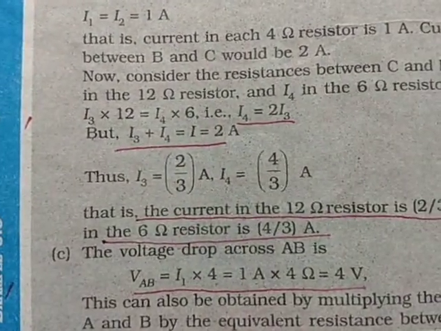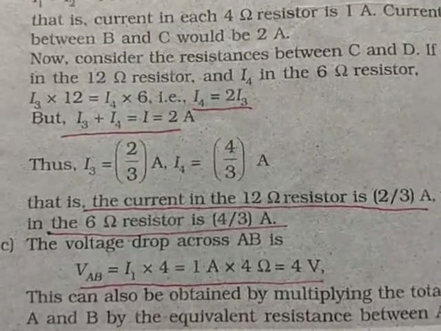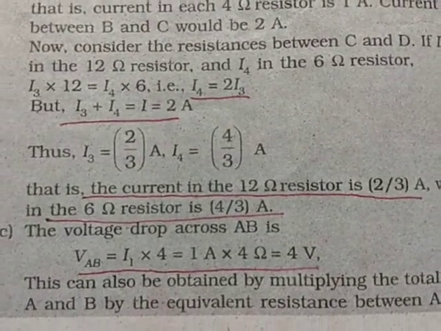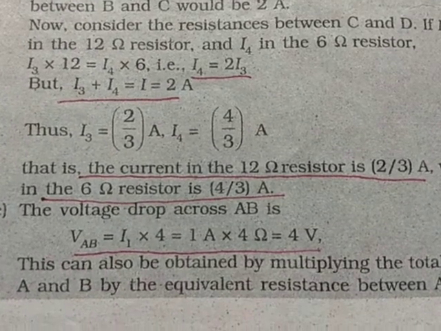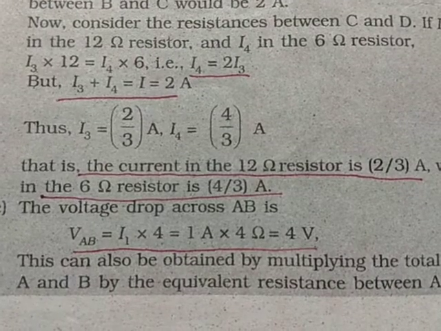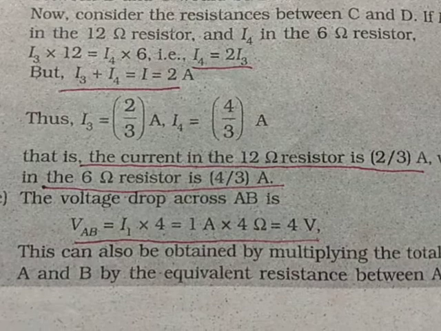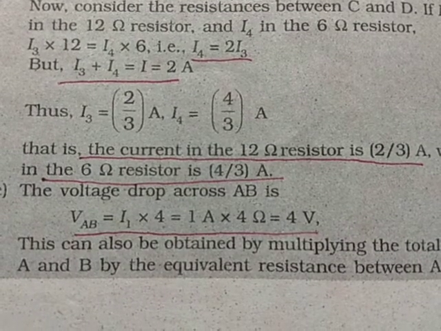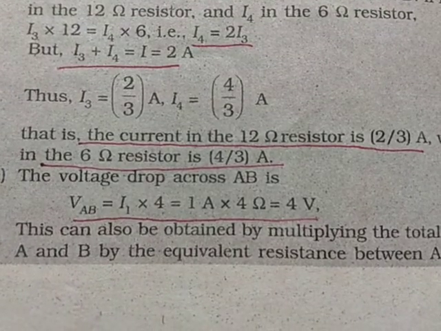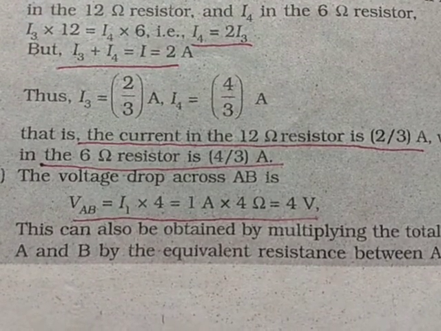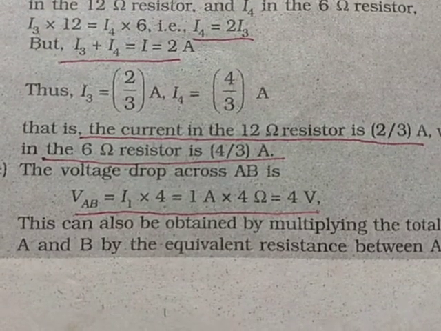So you can see here I3 into 12 is equal to I4 into 6, and therefore we have I4 is equal to 2I3. But we also know that the total current drawn is equal to 2 ampere by these two resistances together. Having these two relations, I4 is equal to 2I3 and I3 plus I4 is equal to 2 ampere, on solving this we get I3 is equal to 2 by 3 ampere and I4 is equal to 4 by 3 ampere.